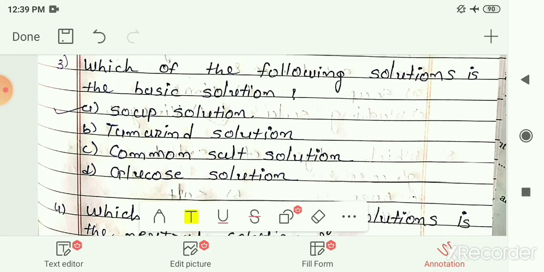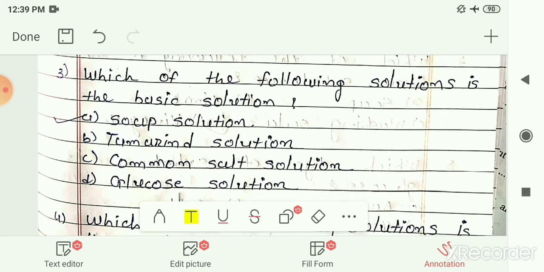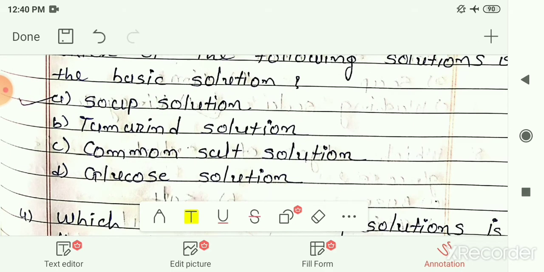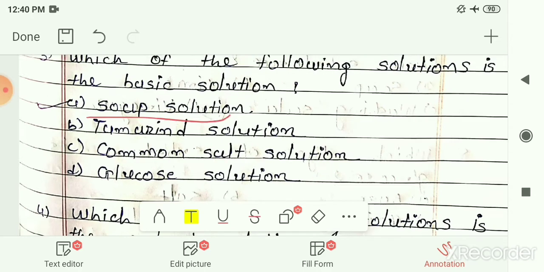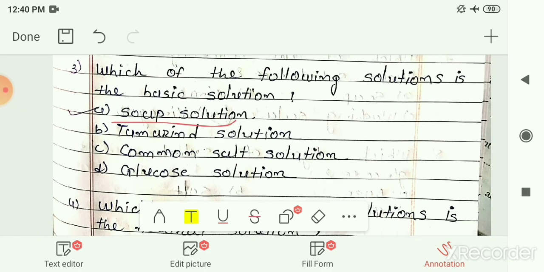Next, third number, which of the following solutions is the basic solution? The options are soap solution, turmeric solution, common salt solution and glucose solution. So here your answer is option A, that is soap solution. The other options are examples of acidic solution or neutral solution.